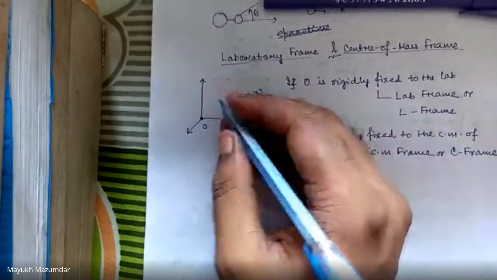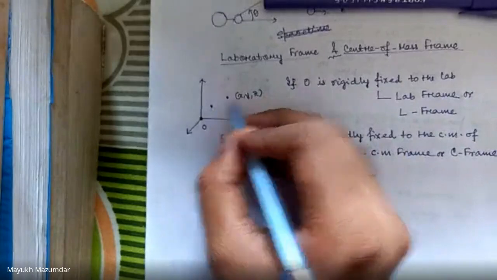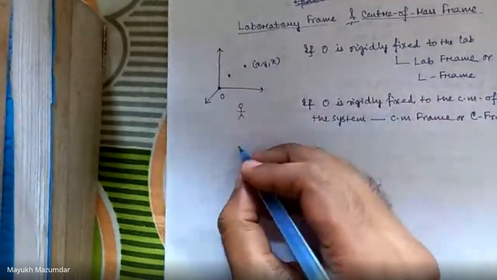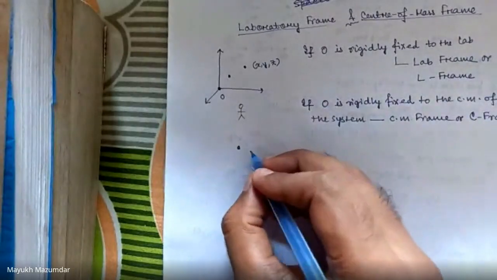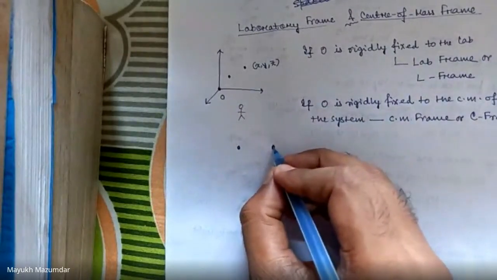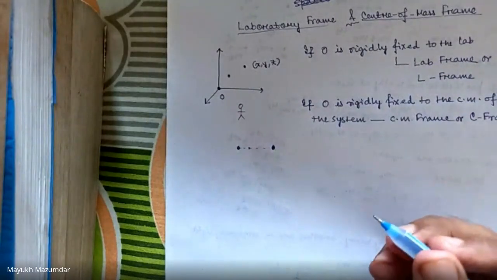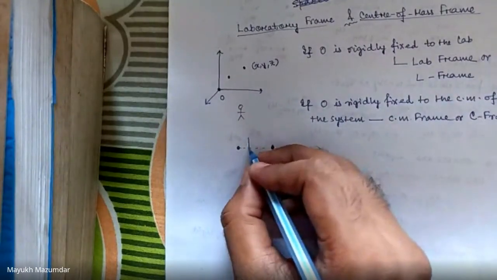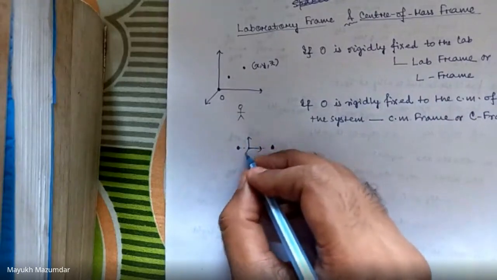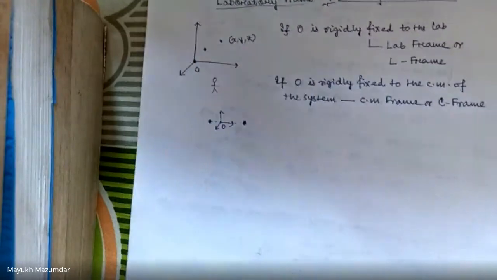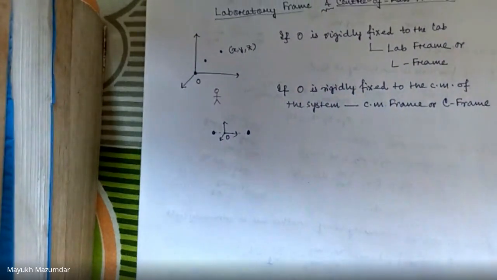That is, suppose you are looking into a collision of two bodies, these two. Now suppose the center of mass is somewhere here. If the origin of your frame is fixed at the center of mass, then it would be the center of mass frame.